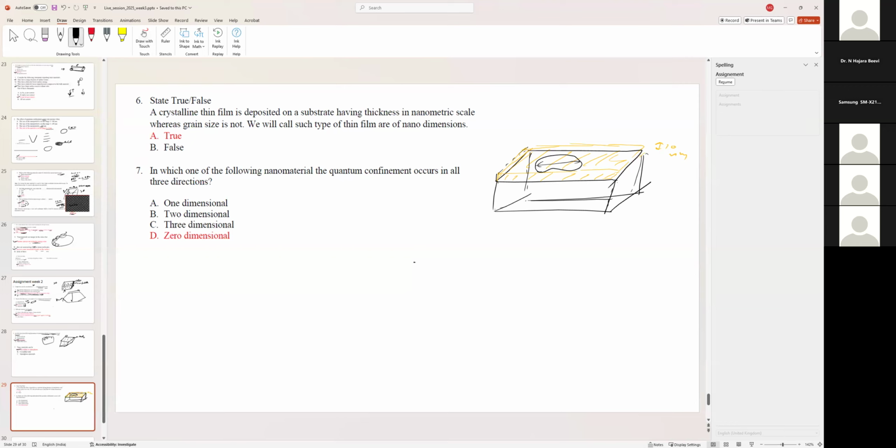Will you call such a type of thin film nano dimension? Is the thickness of this film still in nanometers? Still in nanometers. An individual grain may be larger than that, but even this grain will have thickness less than that.